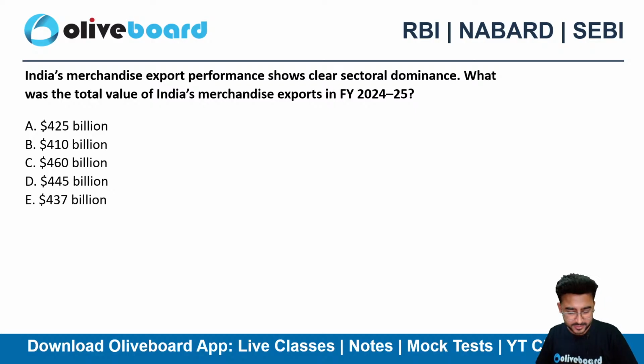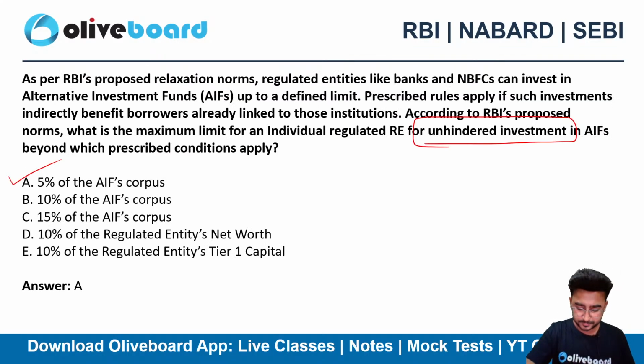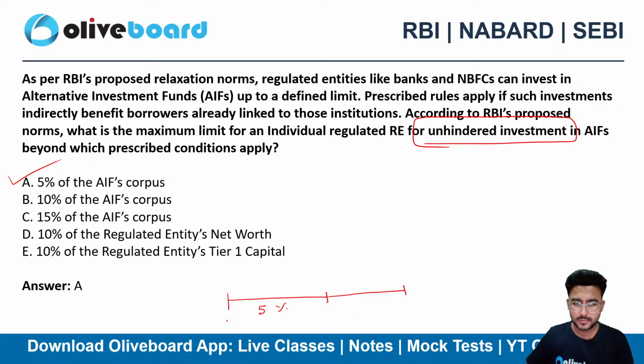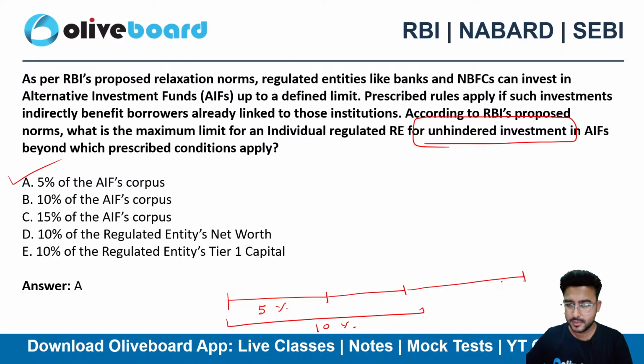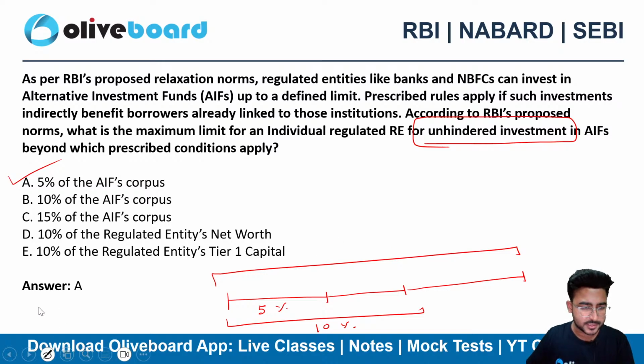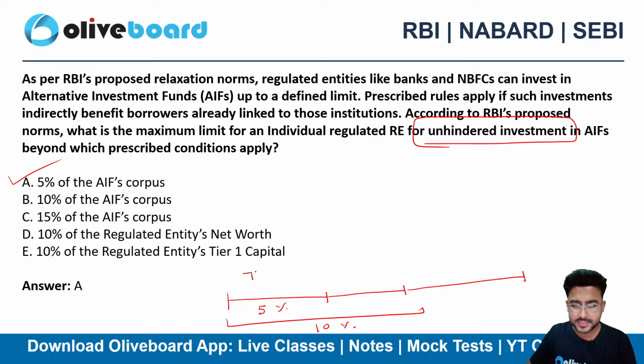Sir, explain. Look, I told you yesterday, up to 5% you can invest unrestricted. Let me make a chart. 5%, total 10%, and then there is this much, which is, let me draw it with another color. So this is for an individual regulated entity.